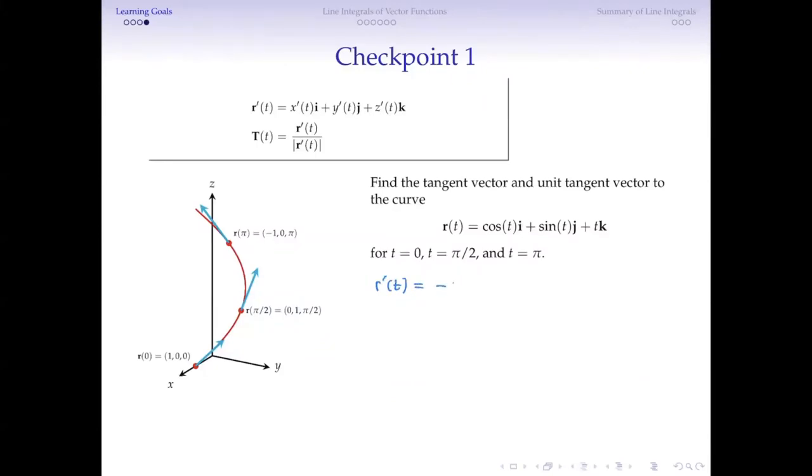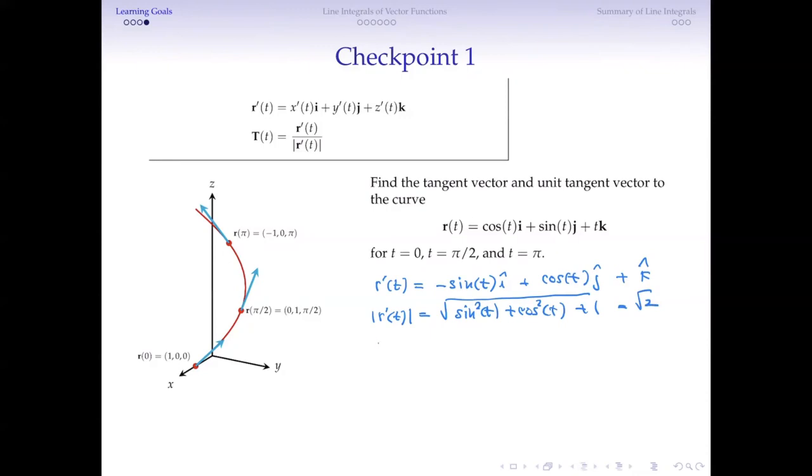Differentiating the components, I get minus sine t times i plus cosine t times j plus 1 times k. That means that the magnitude of the tangent vector, that is to say the speed, is root sine squared t plus cosine squared t plus 1. I'm just taking the sum of squares of components, and that's just root 2 because sine squared plus cosine squared is equal to 1.